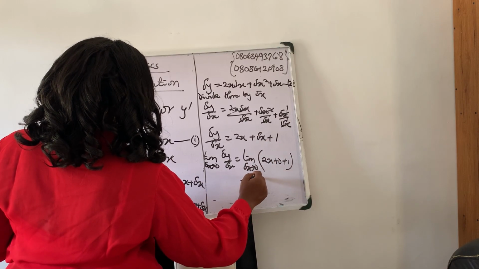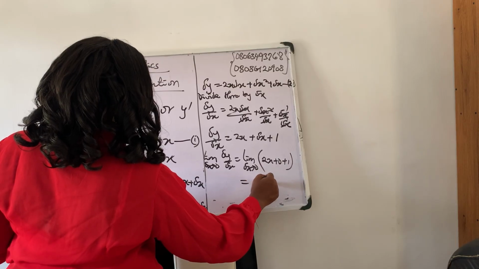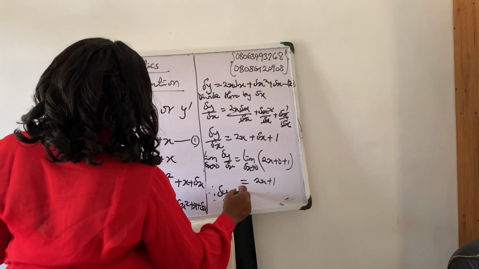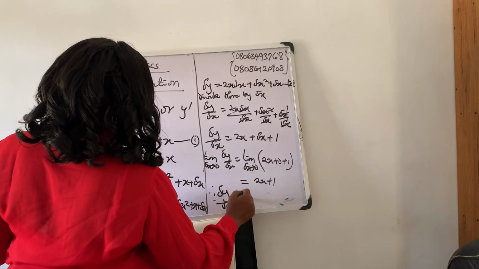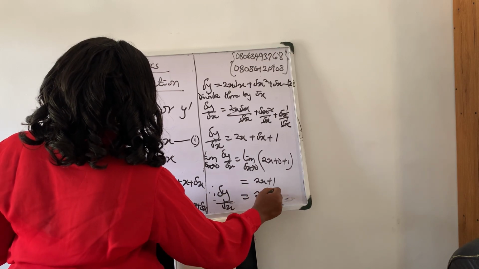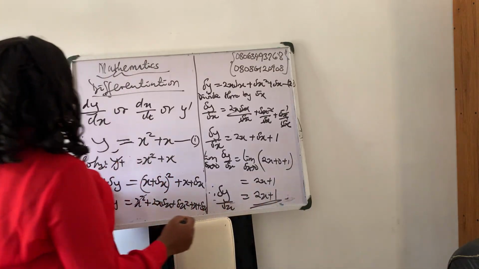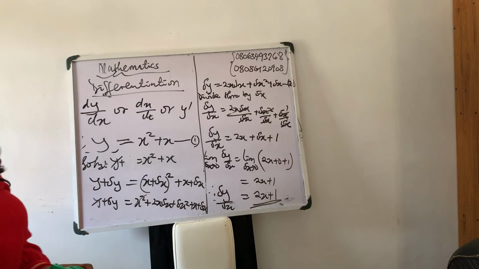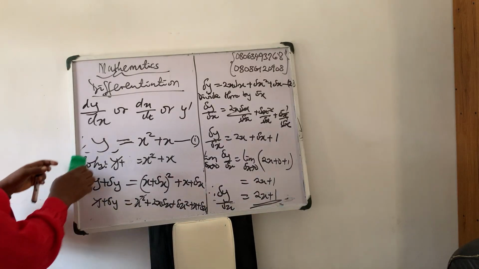So we have 2x plus 1. Therefore, dy/dx equal to 2x plus 1. That is how we solve differentiation by first principle.